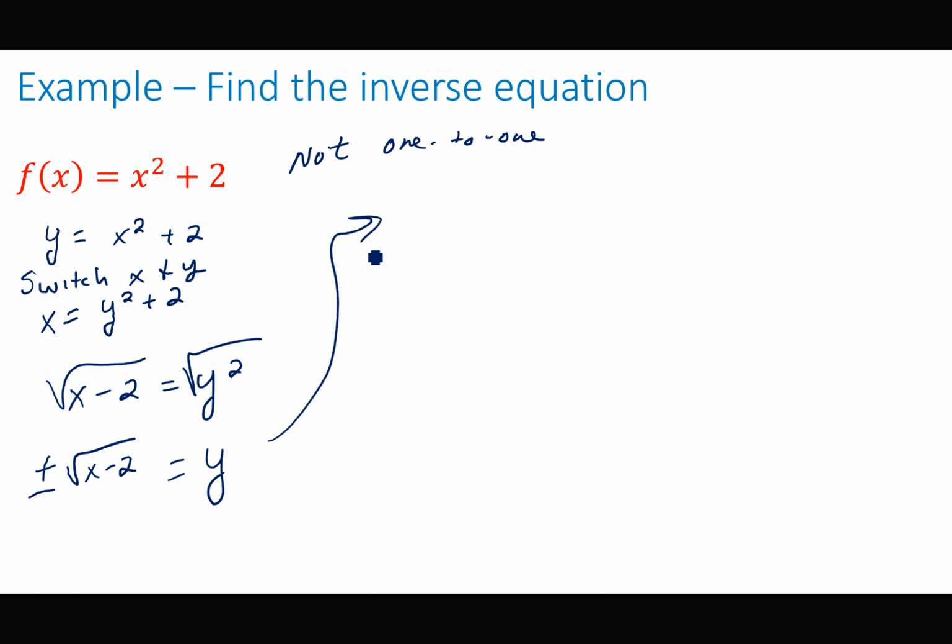Okay, so what this is saying is that, well, I'm not going to write it as an inverse because it's not a true inverse. It's saying that y will be a positive square root of x minus 2, but also y will be a negative square root of x minus 2.